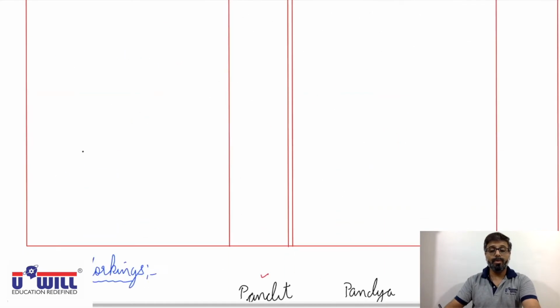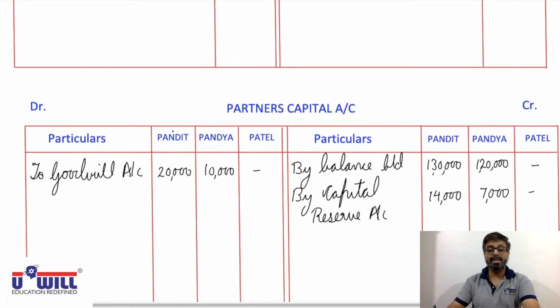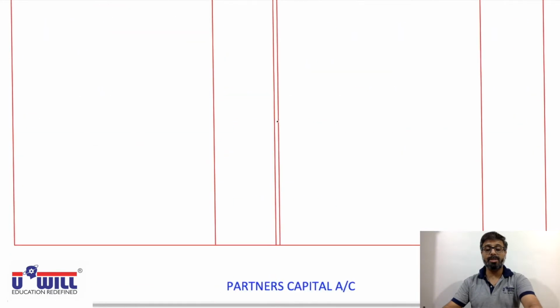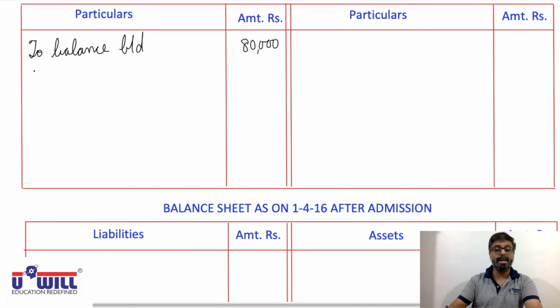Now, after this, the second adjustment. Patel brought 50,000 as his capital in cash. So cash comes in debit. Patel is the giver, so credit the giver, Patel's capital account. So in the cash account, on the debit side, to Patel's capital account 50,000.